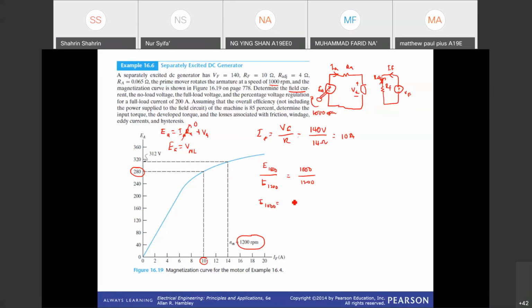So this one is 1,000 over 1,200 multiplied with the voltage induced, which is 280 volt. So you will get around 233.3 volt, if not mistaken. Yes, 233.3 volt.